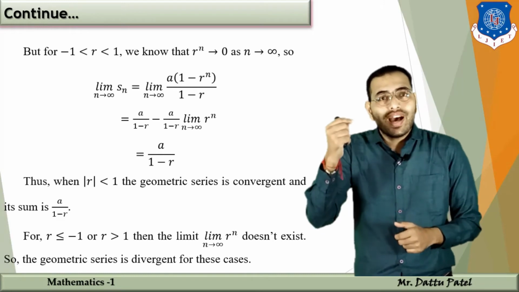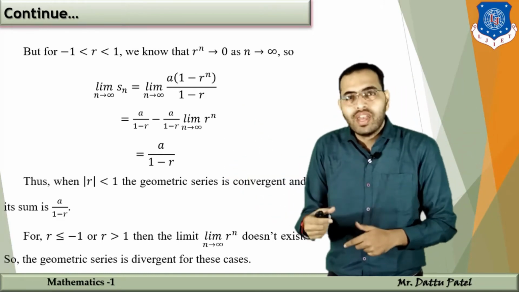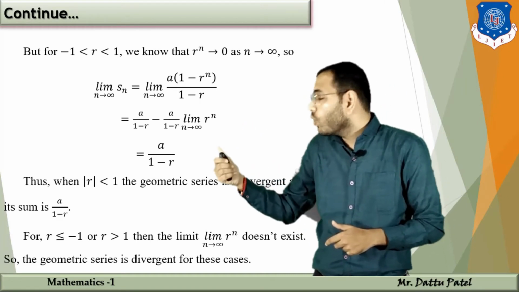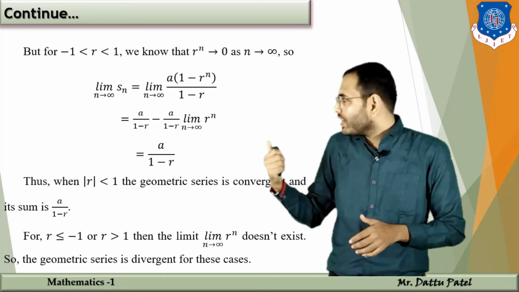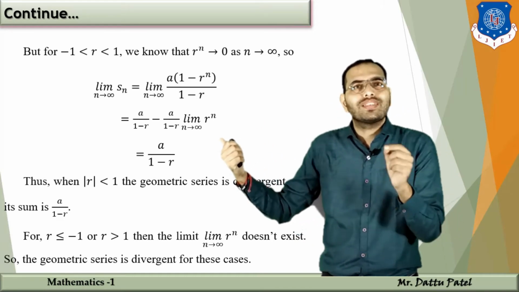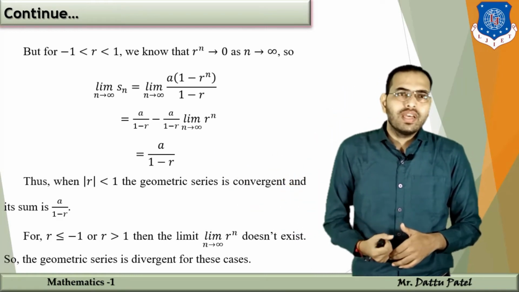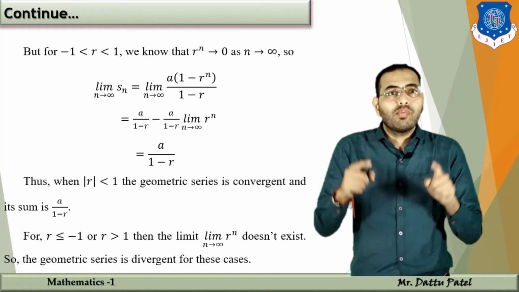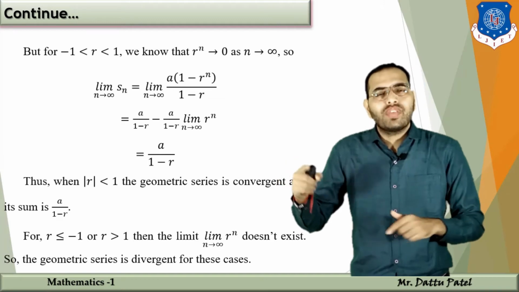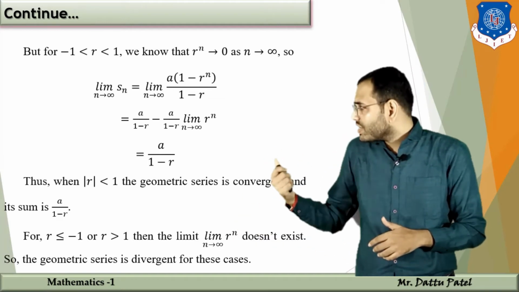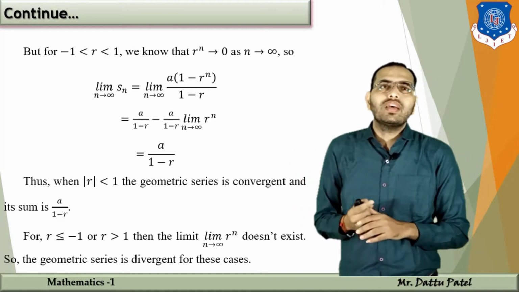Here if r lies between minus 1 and 1, then r raised to n becomes 0 as n tends to infinity. Then it becomes a upon 1 minus r, meaning when mod r is less than 1, or r lies between minus 1 and 1, our answer is finite. Then we can say that the geometric series is convergent and its sum is a upon 1 minus r.